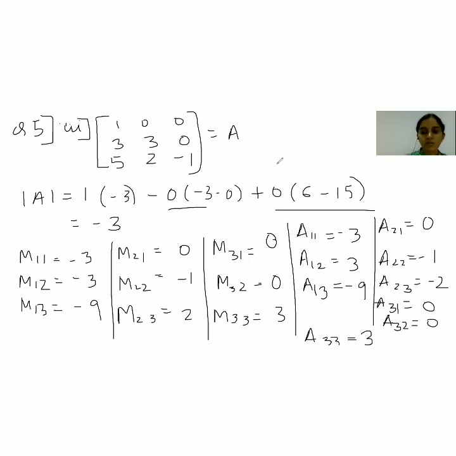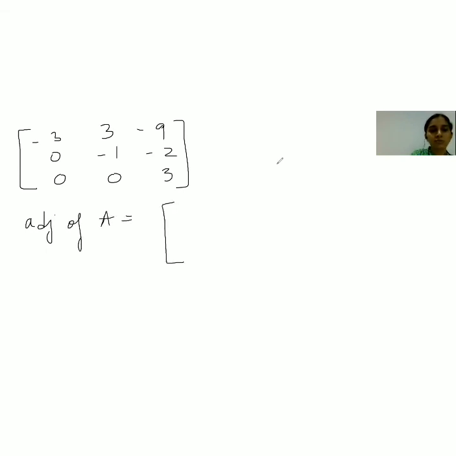Let us make the matrix of cofactors first. The matrix of cofactors will be -3, 3, and -9, 0, -1, -2, 0, 0, and 3. This is your matrix of cofactors. Adjoint of A is equal to transpose of this matrix.